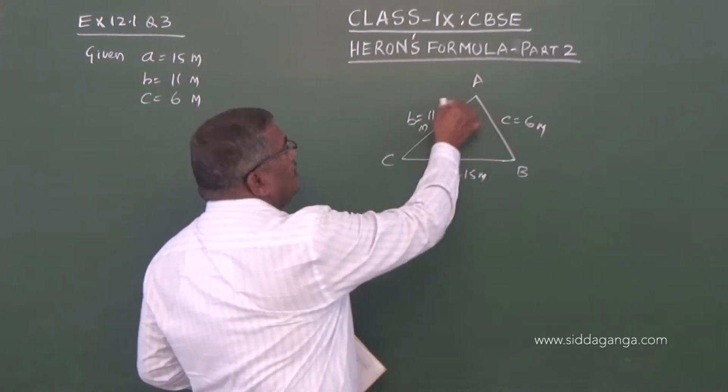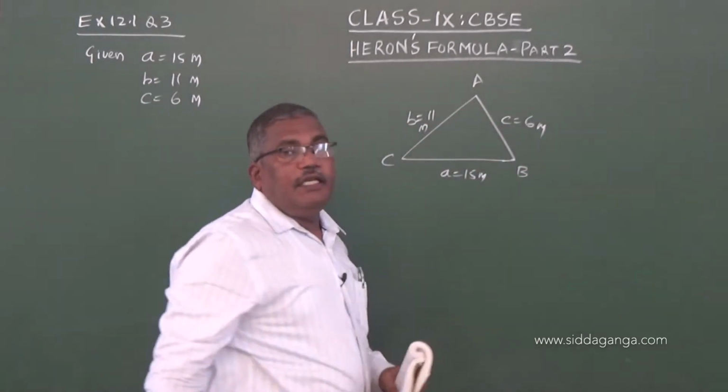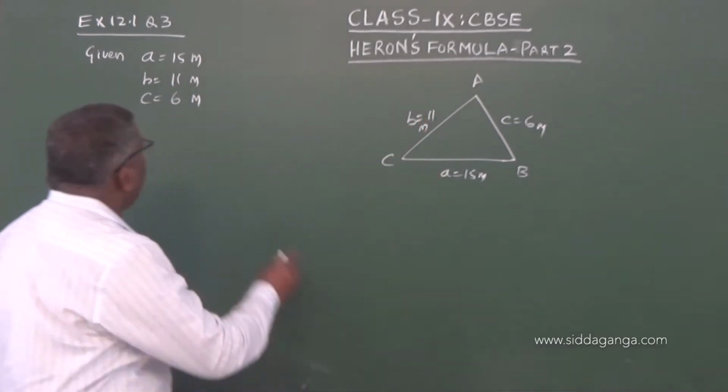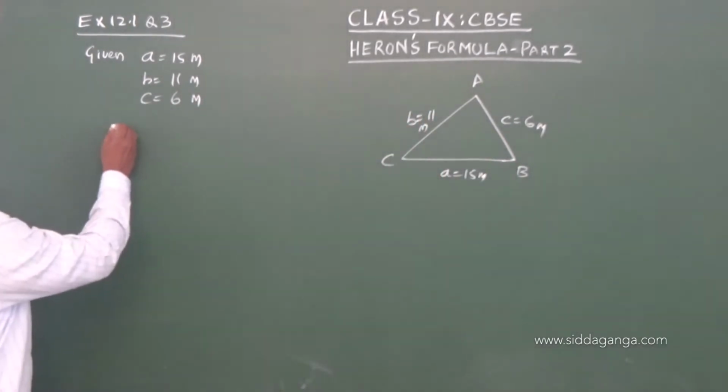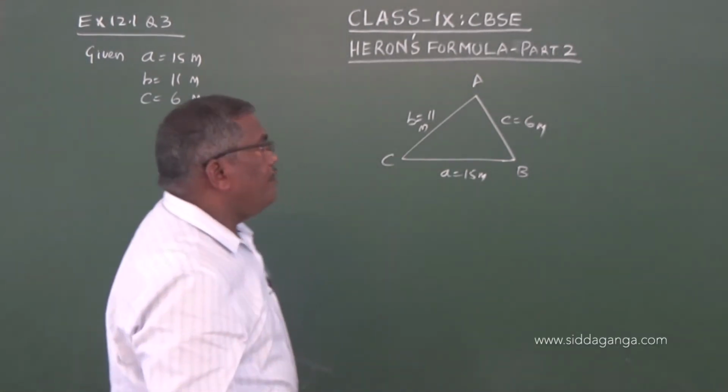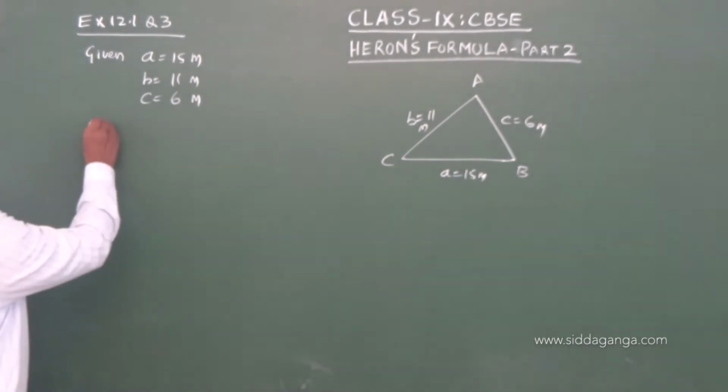Now this is the area given. We have to find the area of this triangle. So we have to calculate the semi-perimeter to use the Heron's formula. So we have this formula.